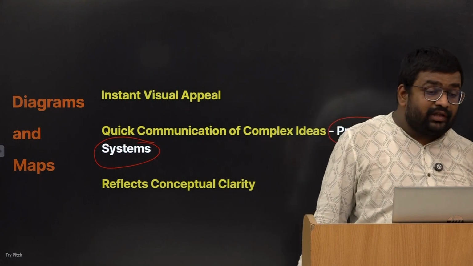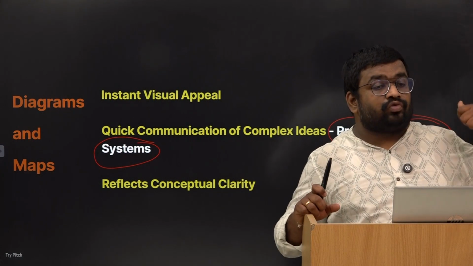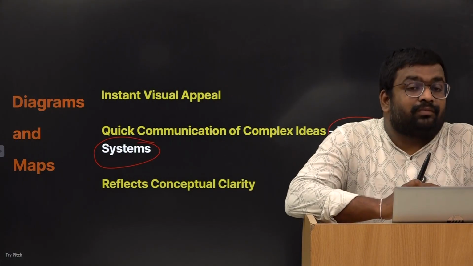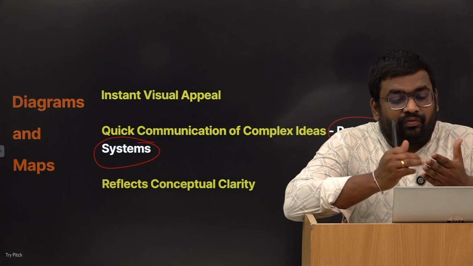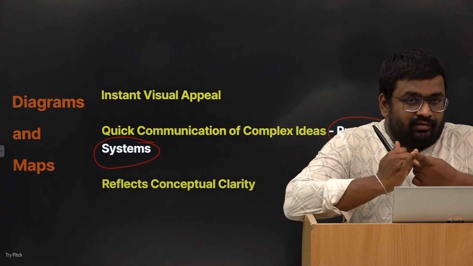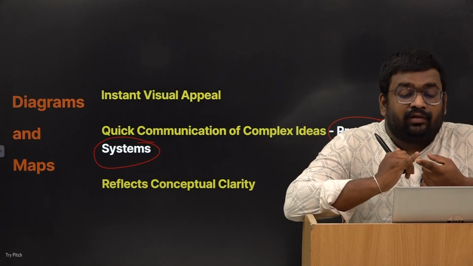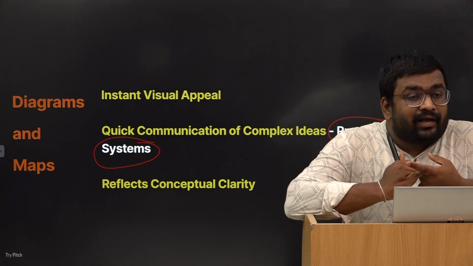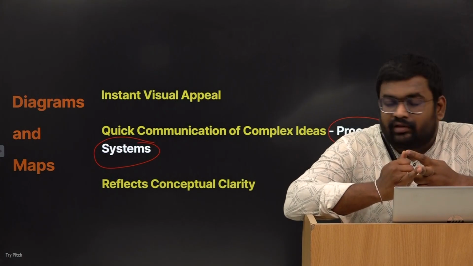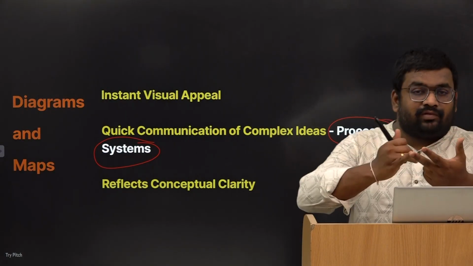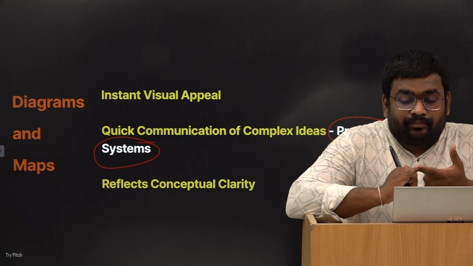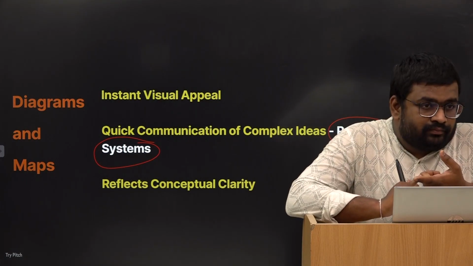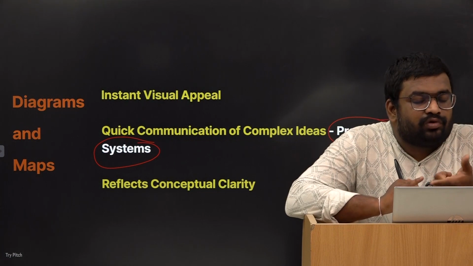Okay, you need the proper diagrams to elaborate upon these aspects. For example, processes as in the mechanisms. Every technical question from geography, from art and culture, from science and tech, from internal security, wherever there are mechanisms, like the different aspects of cyber crime, phishing and all those.